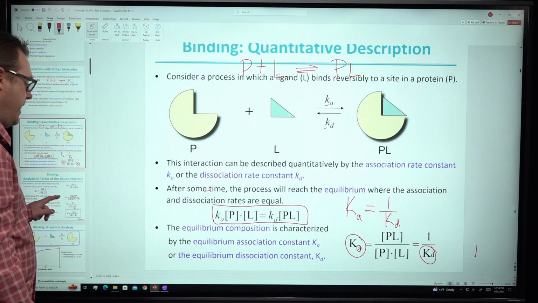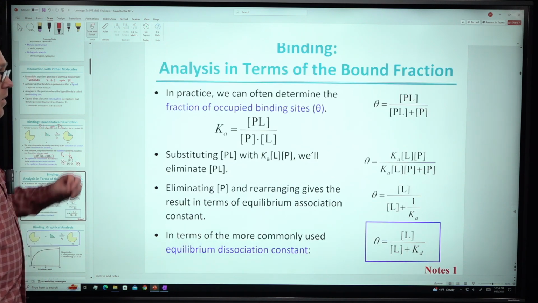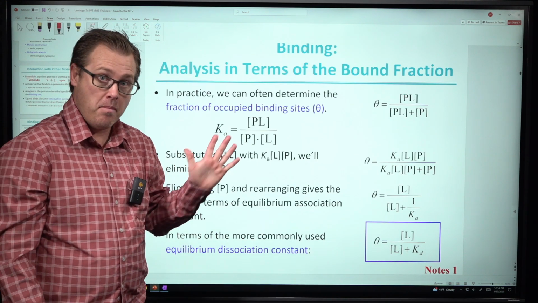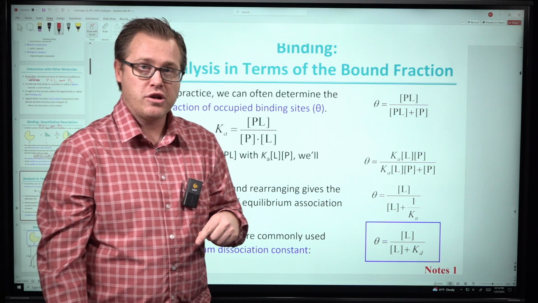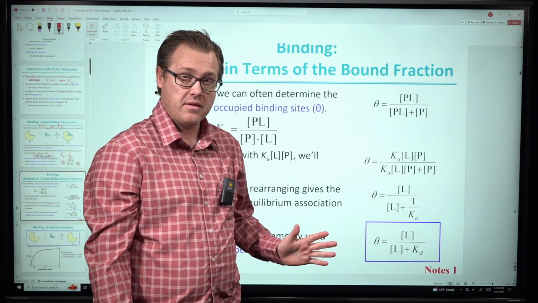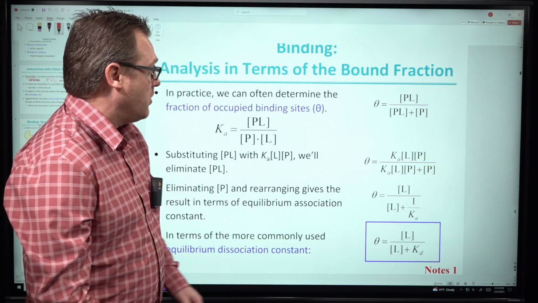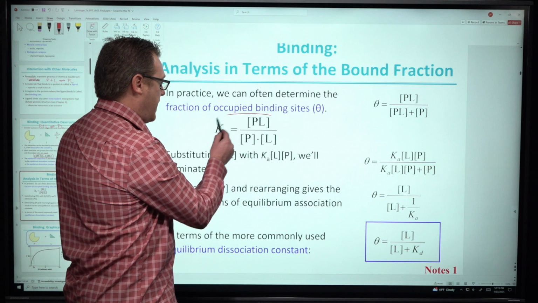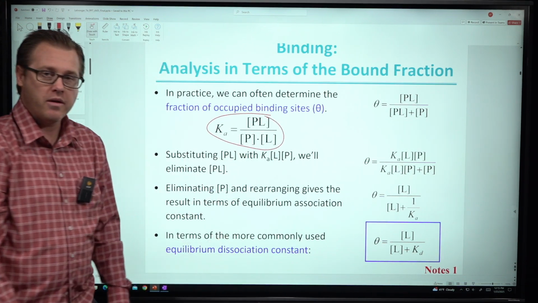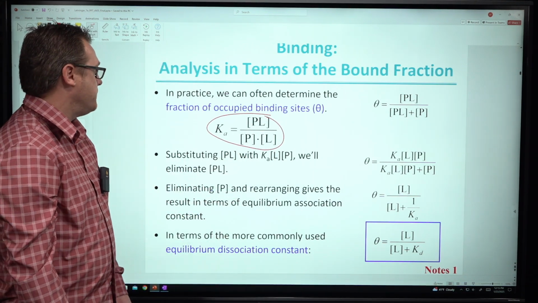It's the same idea. I don't want you guys to get too caught up in the math on this slide. In the next video, I'm going to go through the math in detail. What you need to be aware of on this slide is that this is the definition of Ka. That's a very, very important bit of information.